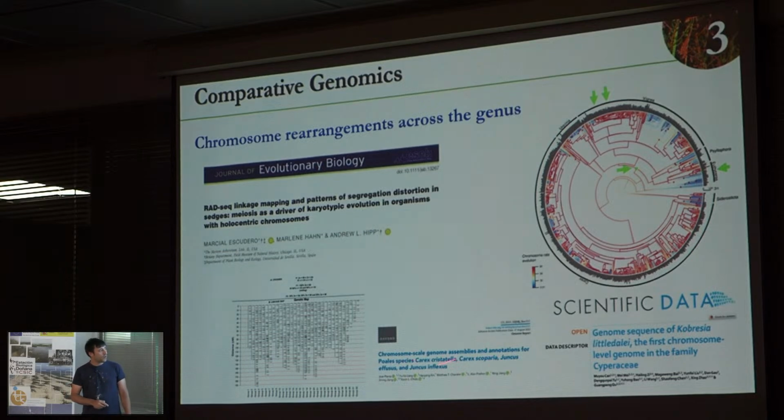We have a genome from a closely related species, Carex cristatella. Then we have another genome for a very distantly related species in the genus Carex, Carex littledalei, and the common ancestor between the three species is near the root of the phylogeny. And we also include in the analysis another genome from a closely related genus in the family Cyperaceae.